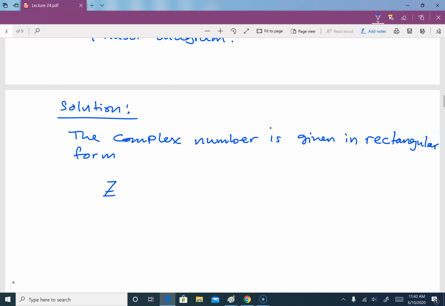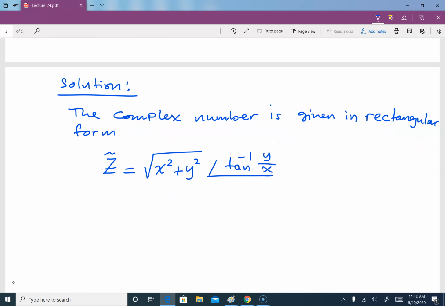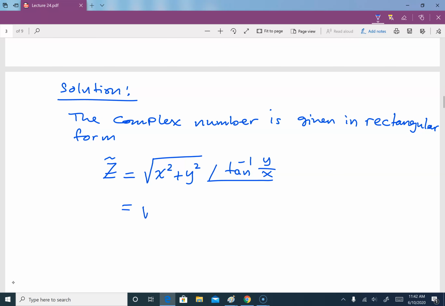So our phasor z is equal to the square root of x squared plus y squared with an angle of inverse tangent of y over x. We'll just substitute from our expression in rectangular form. X is 1 and y is 3.